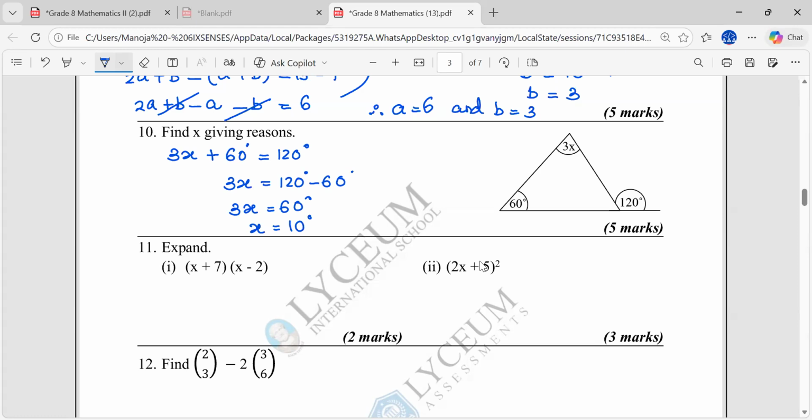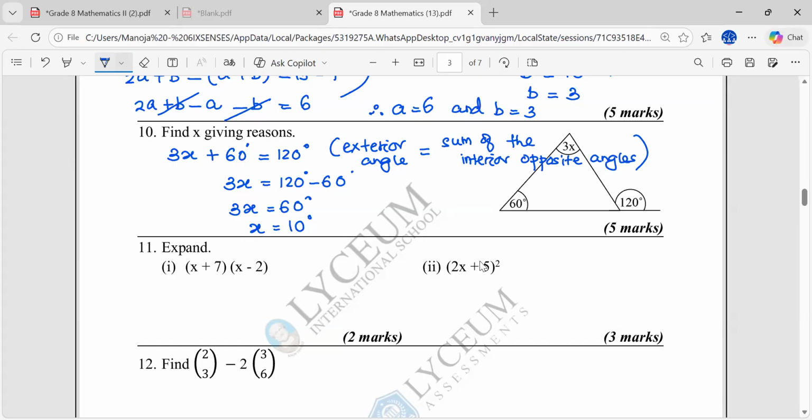And here I write: the exterior angle is equal to the sum of the interior opposite angles. Okay, you can write it like this. So then 3x plus 60, and you bring that 60 to the other side.